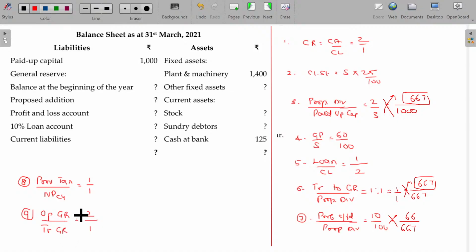Ninth one, opening GR to transfer to GR. What is the opening GR? Not given. Transfer to GR we just now calculated, 667, and opening should be 1334.